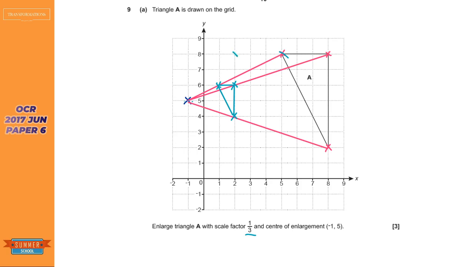Sometimes you get questions where they're halfway, something like that, but they're never going to be really complicated. They're not going to be a third of the way like that. So if it looks very close to a point like that, or a half point like that, then it probably should be. So just bear that in mind.